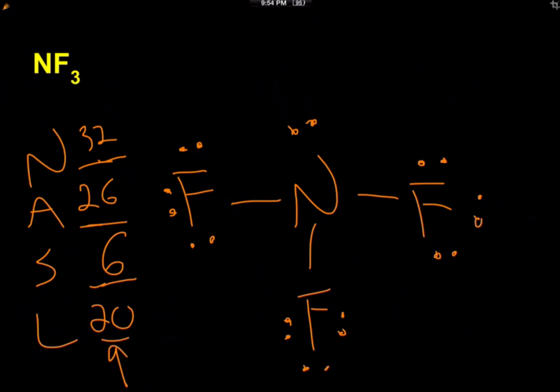Now the nitrogen has 8 electrons around it, each of the fluorines has 8 electrons around it, and the Lewis structure is complete. So again, the only exception is boron, where you can just be okay with just the 3 bonds and no lone pairs, and you only need 6 electrons for that.